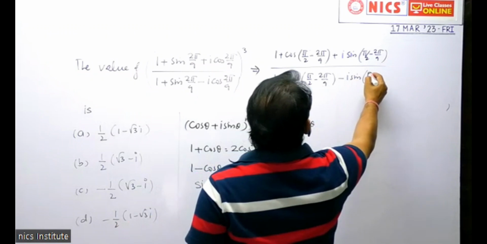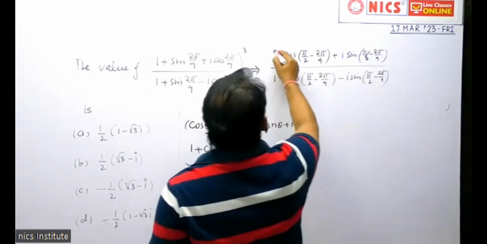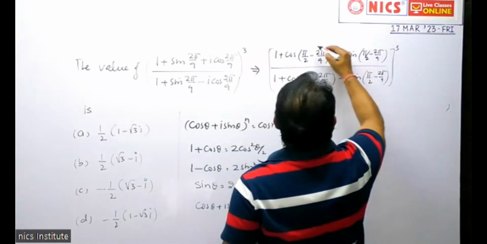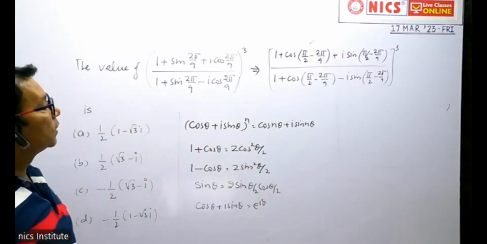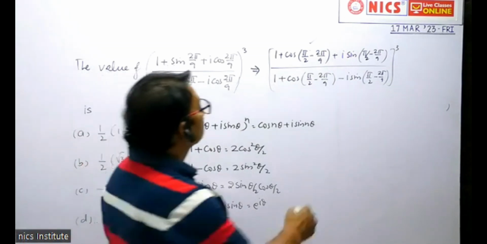Just conjugate of the numerator, to the power 3. Pi by 2 minus 2 pi by 9 would be how much? 45 minus 40, 5.